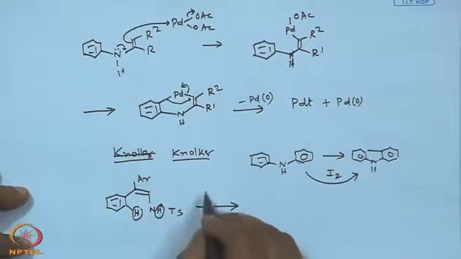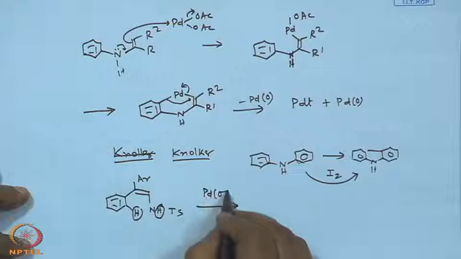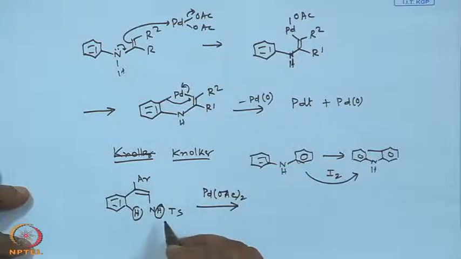If you have a proper oxidizing agent, it should undergo dehydrogenative cross coupling, or we call it cross dehydrogenative coupling.